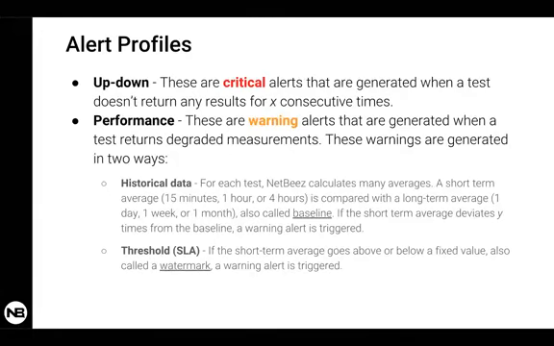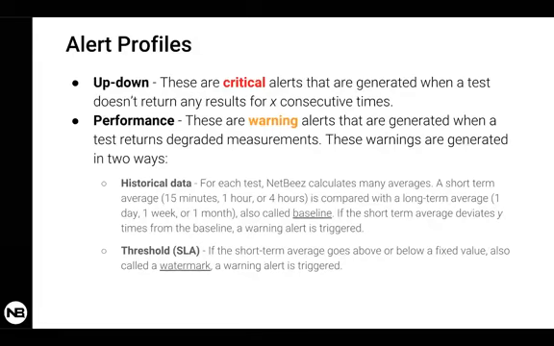These are critical alerts that are generated when a test completely fails, so it doesn't return any results for X consecutive times or instances of the test. And then there are performance alerts, which are more for when things work but not well, and maybe that is more troublesome for the end user.